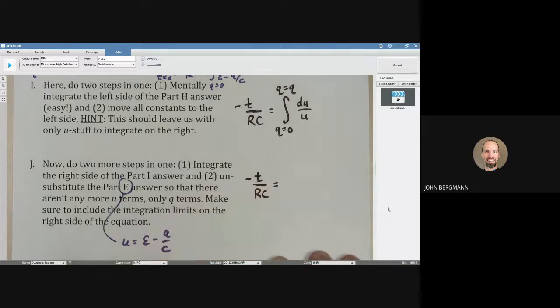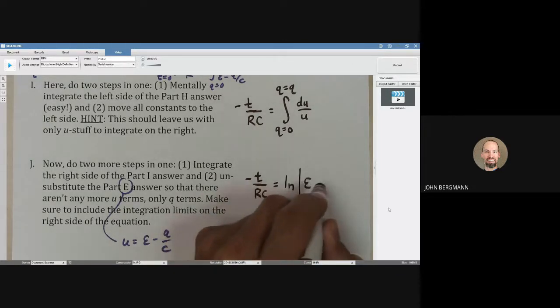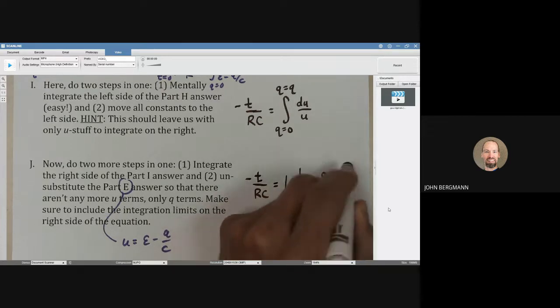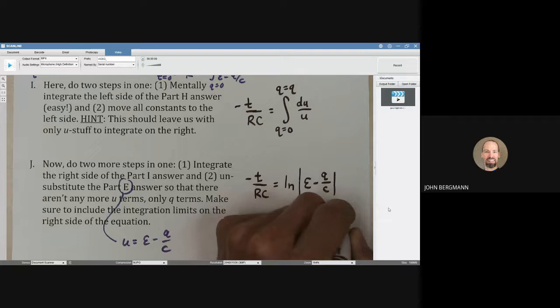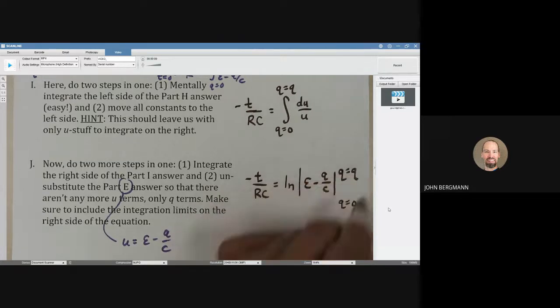And then on the right side, when we integrate du over u, we get the natural log of u. And what's u? Down here at the bottom of the screen, u is big E minus q over c. And the limits are from q equals 0 to q equals q.